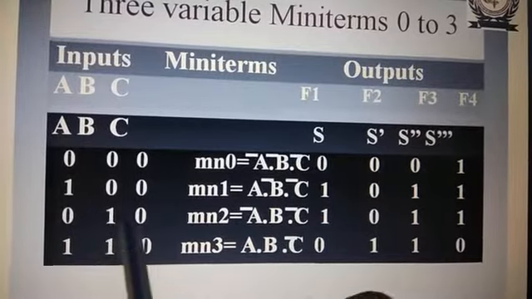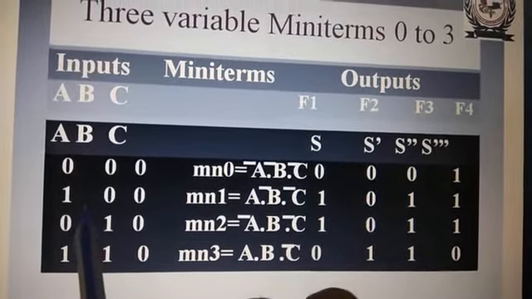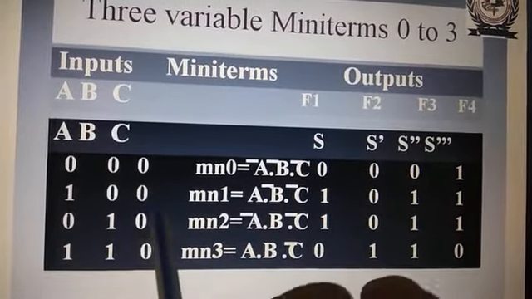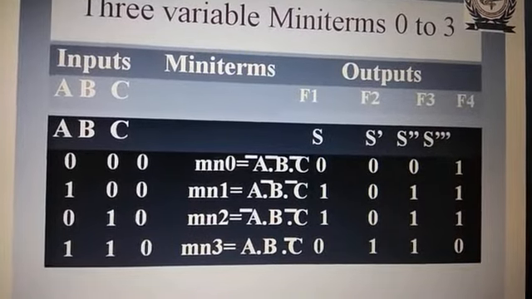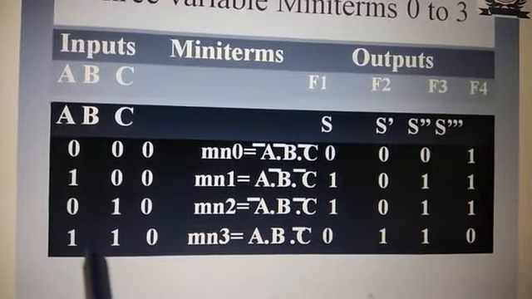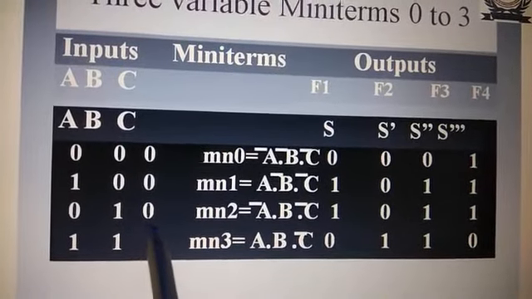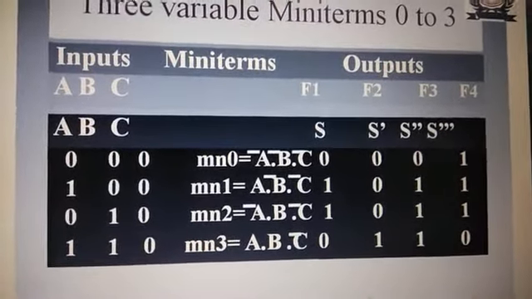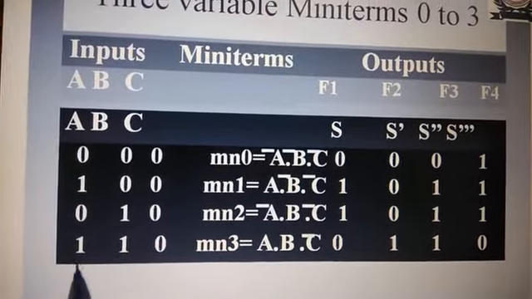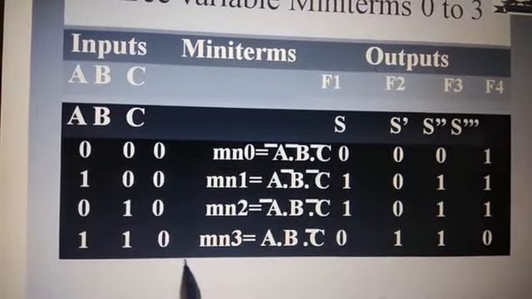This is 1, 0, 0, that means A dot B bar dot C bar. 0, 1, 0 means A bar dot B dot C bar, min term 2, and min term 3 is A dot B dot C bar.